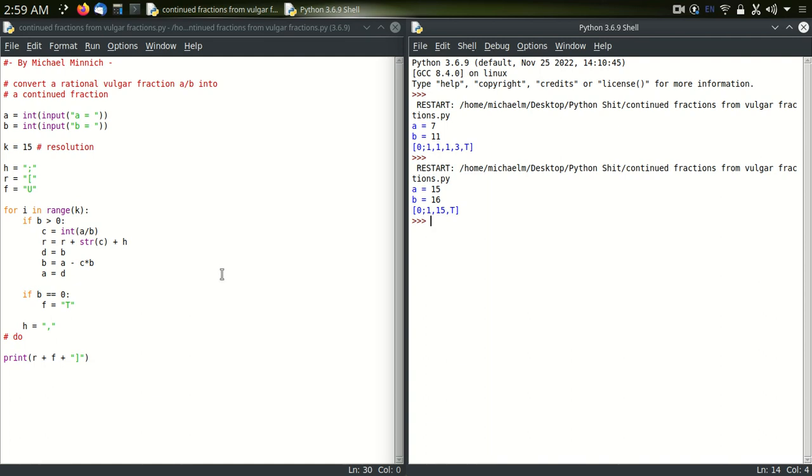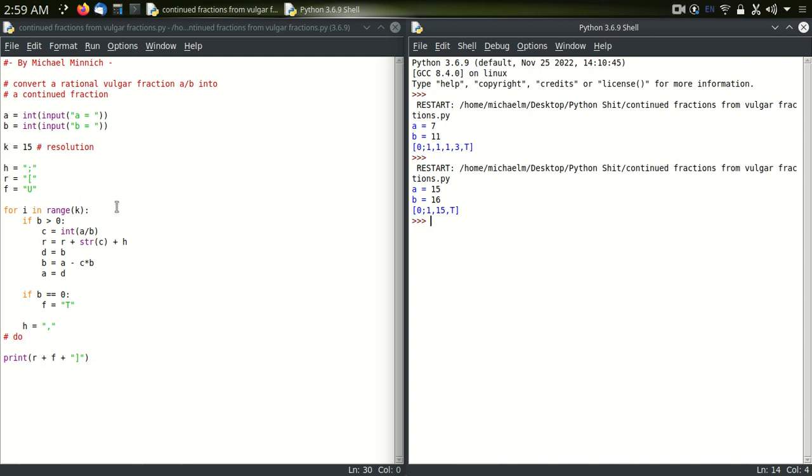The problem is the resolution was poor, so even something like 3/7 would end up with a bunch of trash on the end because it just saw it as a really large integer divided by a really large power of 10.